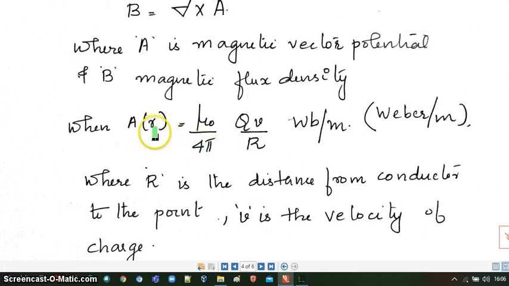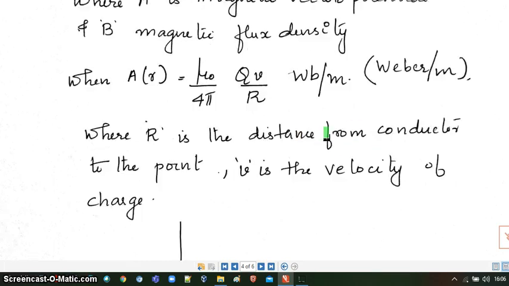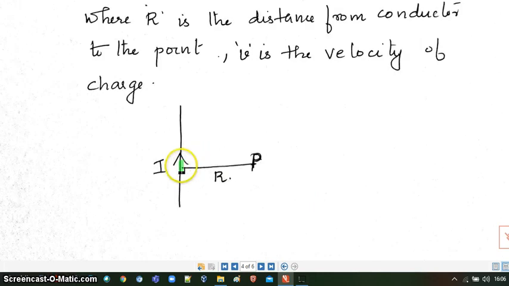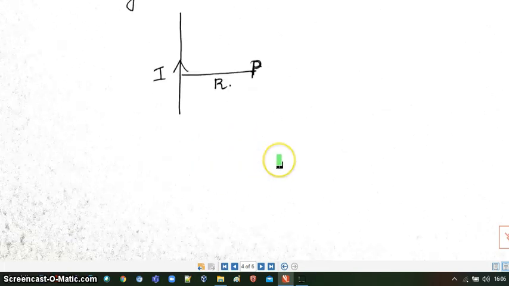A is given by the formula mu0 by 4 pi, QV by R, and the unit of magnetic vector potential is Weber per meter, where r is the distance from the conductor to the point and v is the velocity of the charge.